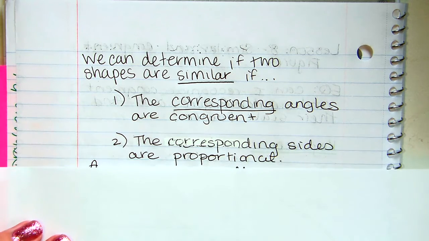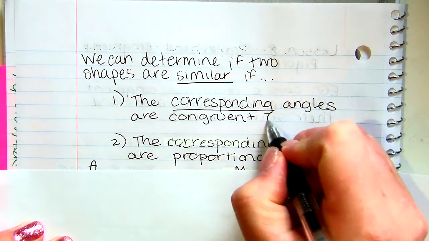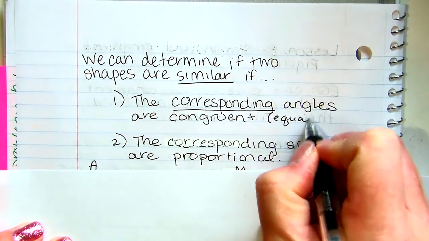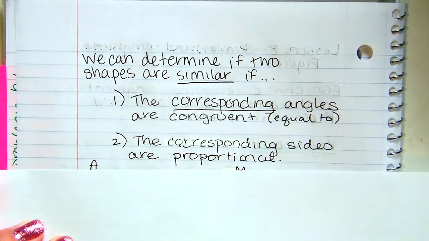And the corresponding sides are proportional. So remember, congruent means equals to. So the corresponding angles are equal to each other, and the corresponding sides are proportional. Now remember, proportional, once again, is a ratio. So if all sides of our figure are the same ratio, then our figure is proportional.